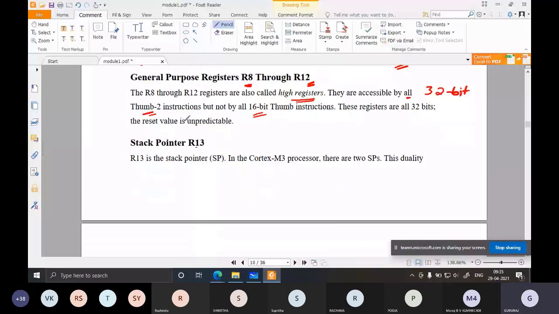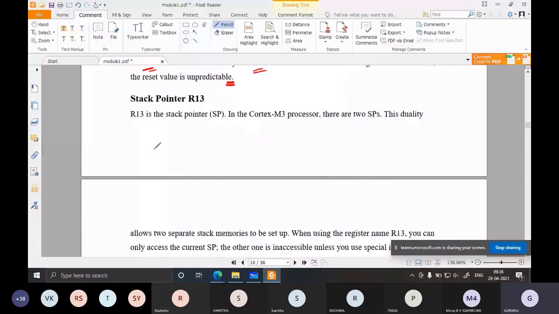Now we'll come to the stack pointer, which is also known as R13. Register R13 in Cortex-M3 represents the stack pointer, SP. So what is the use of stack? You already know the stack is usually used to store intermediate results.